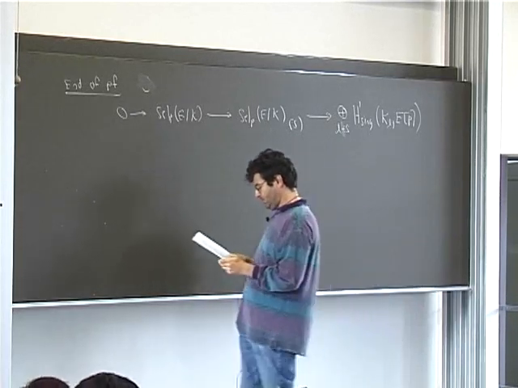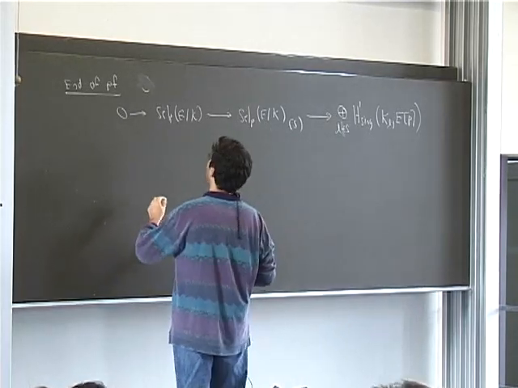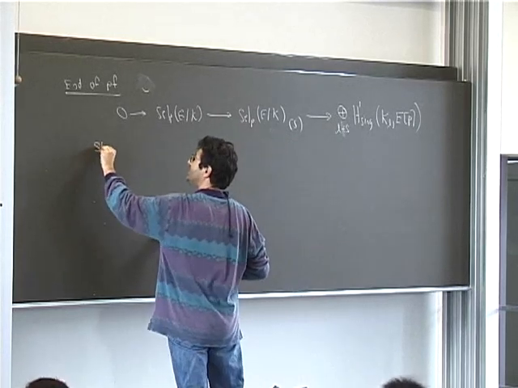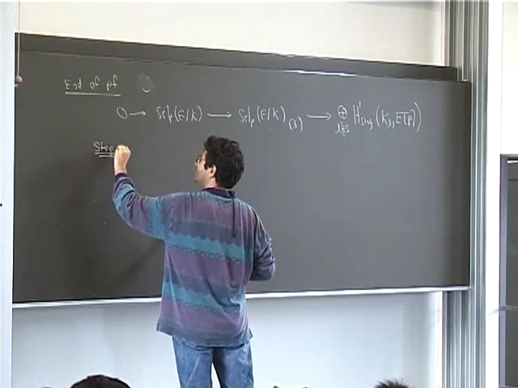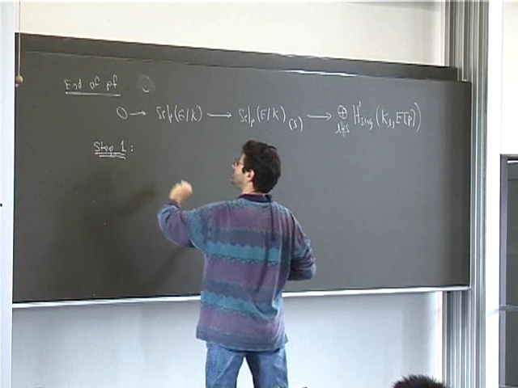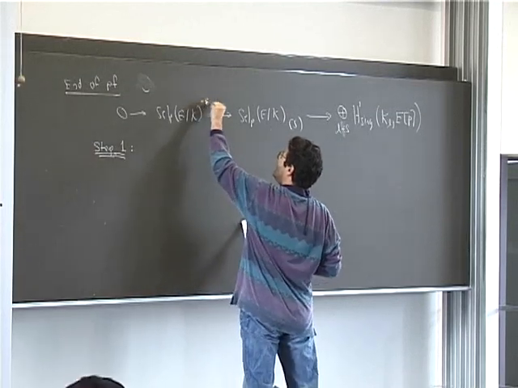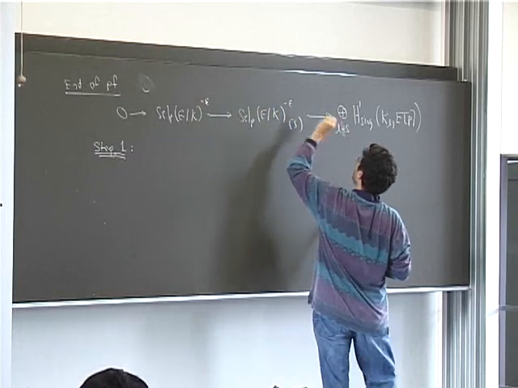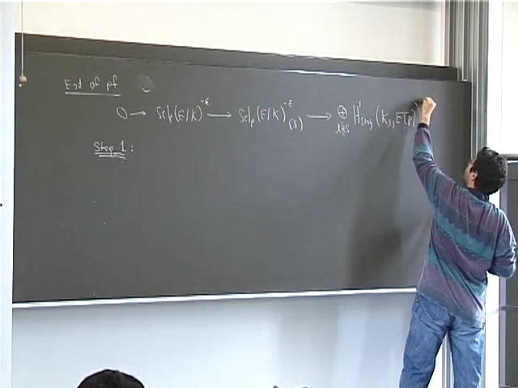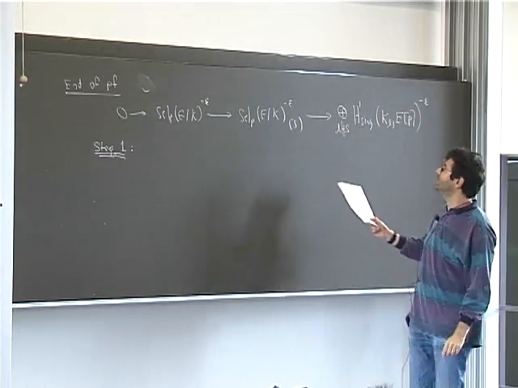Okay. So the first step is to look at the minus epsilon eigenspaces for this. So if I look at the minus epsilon eigenspaces for this exact sequence, what do I find?